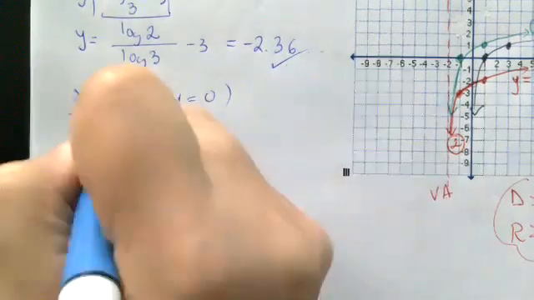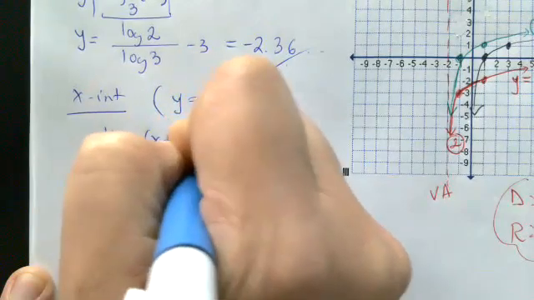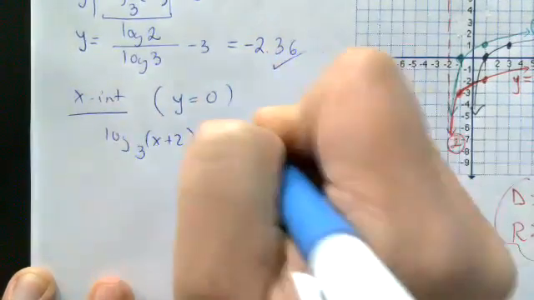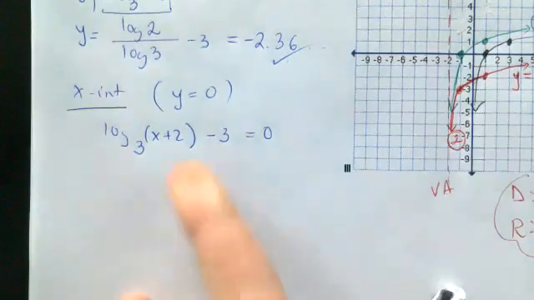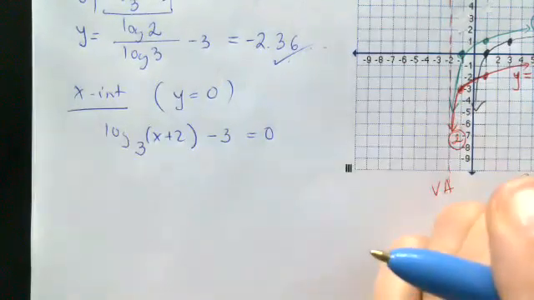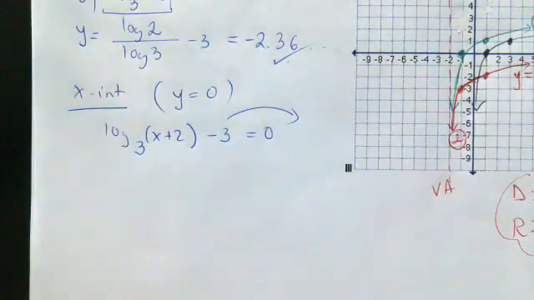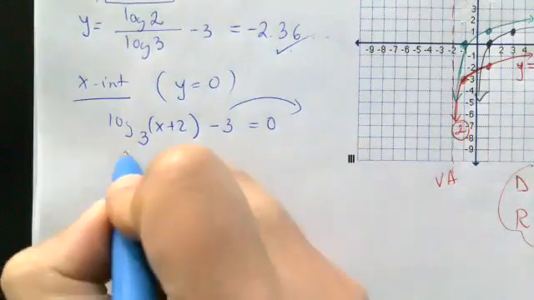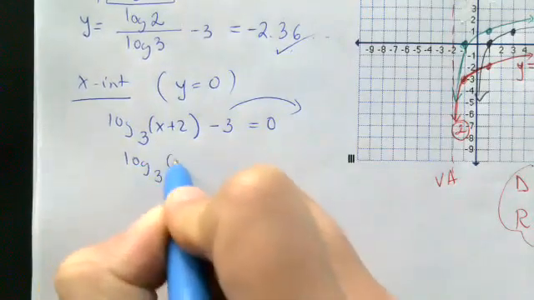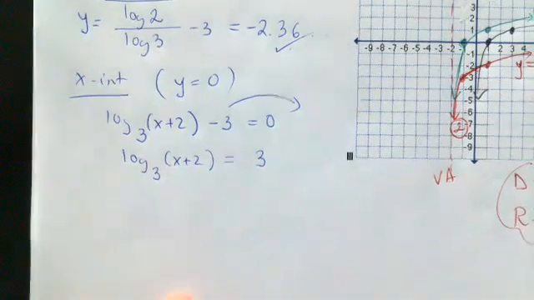So you have log in base 3 of x plus 2, minus 3, equals 0. That's a logarithmic equation, and you know how to do it. If you don't, give me a chance to remind you. You move the -3 to the other side, and you have log in base 3 of x plus 2 equals 3.